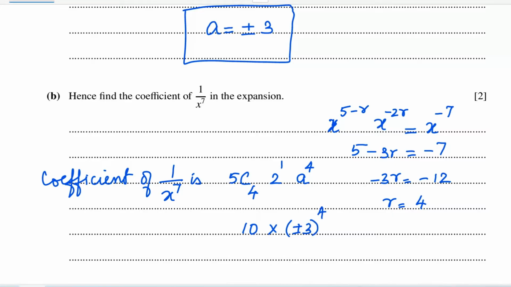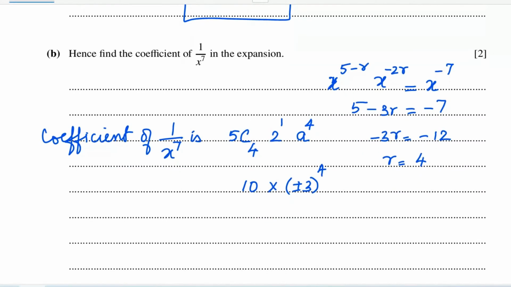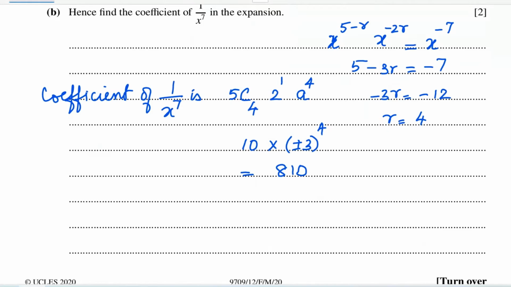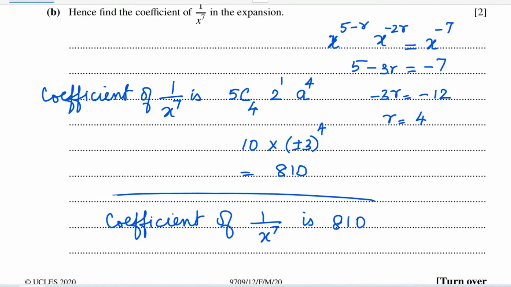Because the power is 4, you are going to always get the positive value. So this is equal to 810. So the coefficient of 1 over x power 7 is 810.